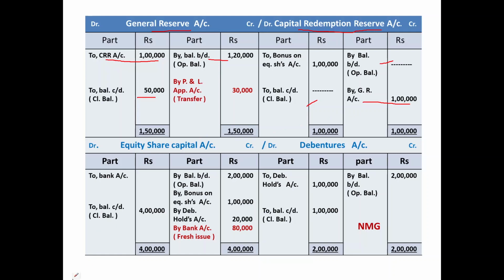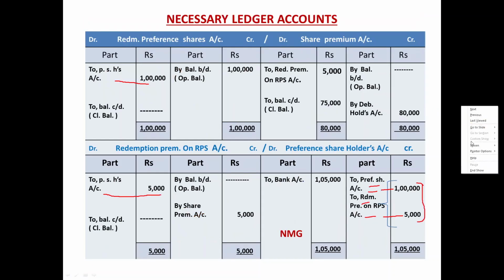Third journal entry that has been passed. Share premium account debited. Have a look. This is the share premium account. No opening balance versus closing balance 75,000 as we saw in the balance sheet also. Now the posting of this journal entry.